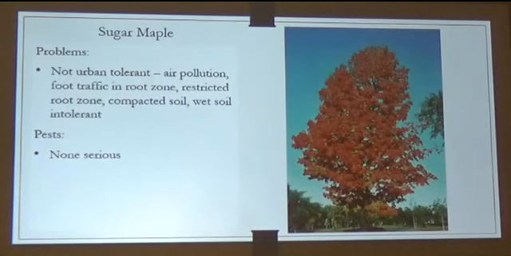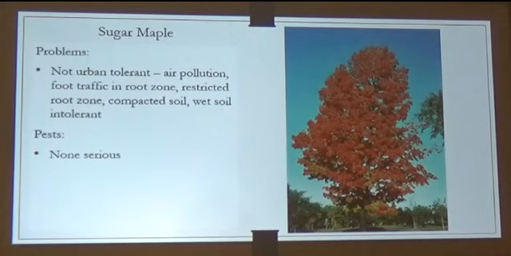The main problem is that they're not real urban tolerant. So compacted soil and wet, heavy soils and any kind of traffic near their root zones can cause problems with them, even more so than pollution. But in areas like cities where they have a lot of air pollution, they don't tolerate that very well either.